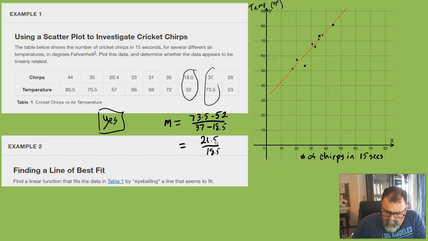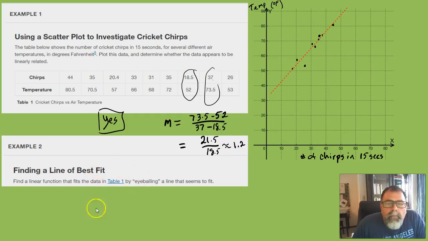Then 21.5 divided by 18.5 gives me a slope of about 1.16. We'll round it to about 1.2. So that would be my slope.